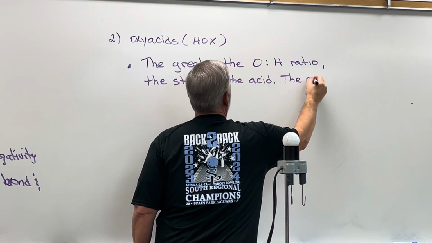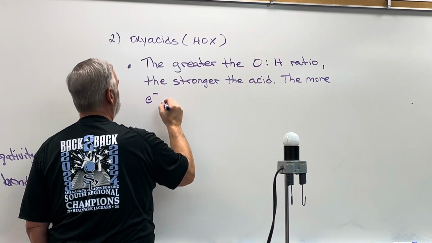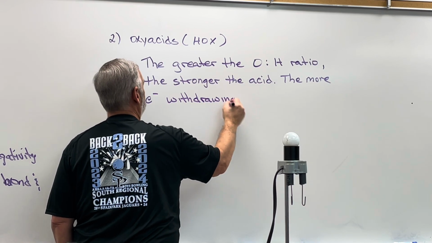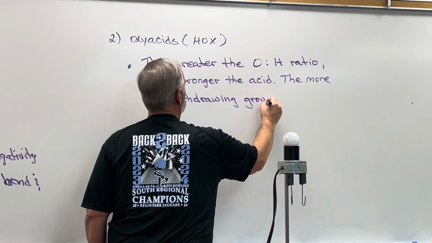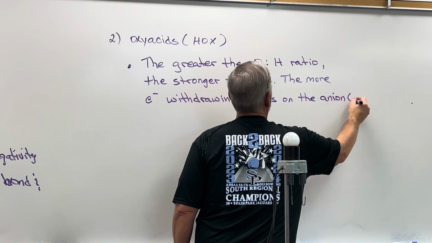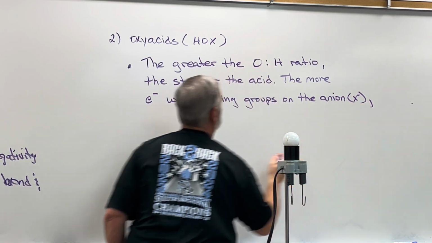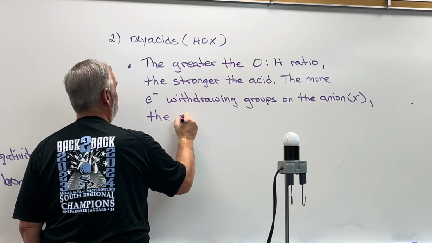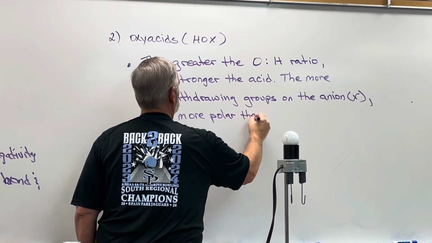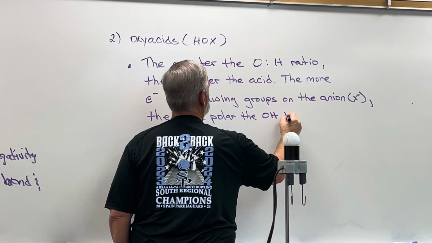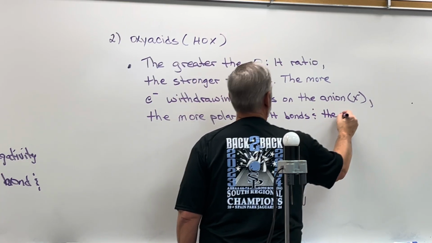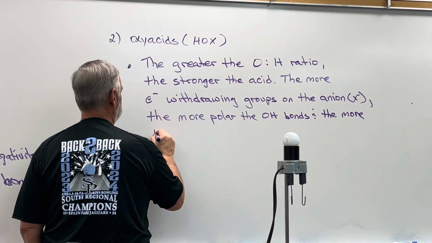And I'm going to say the more electron withdrawing groups on the anion, the more polar the OH bonds and the more ionizable the hydrogen is. I'm going to explain all this.